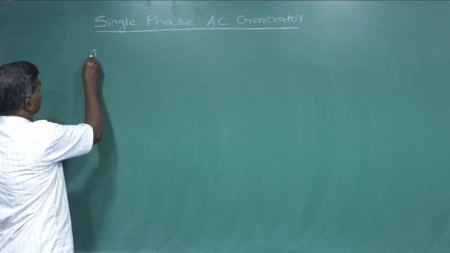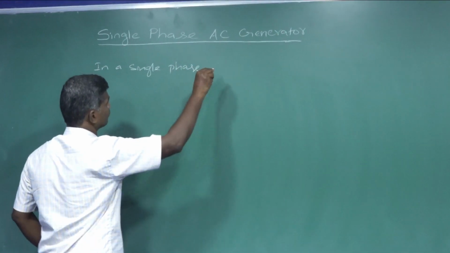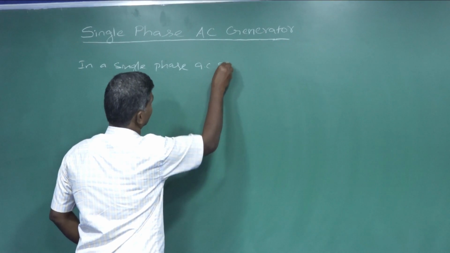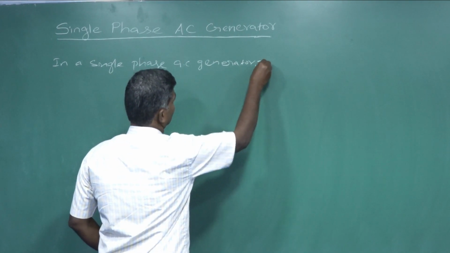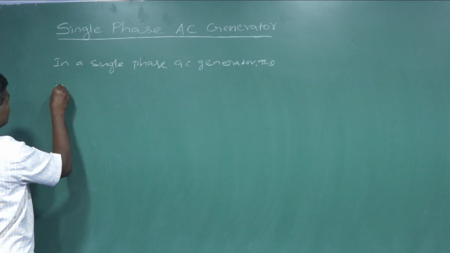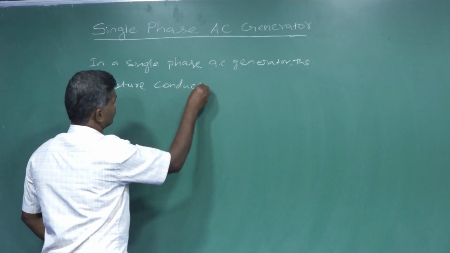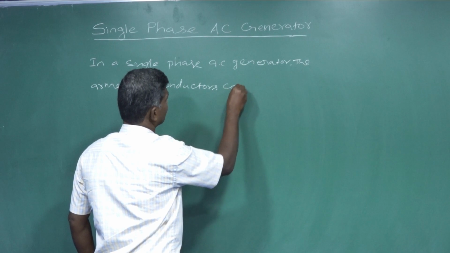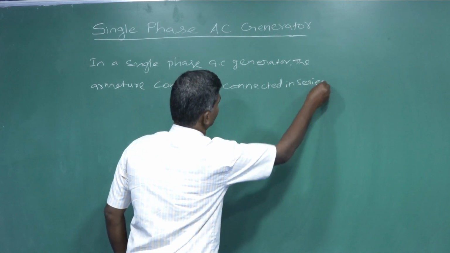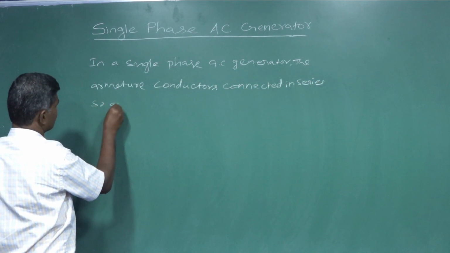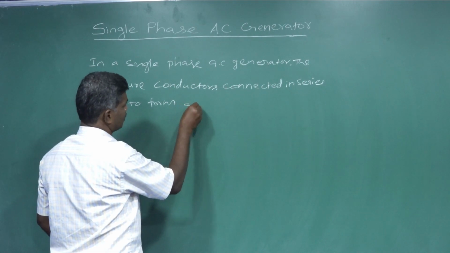In a single phase AC generator, the armature conductors are connected in series so as to form a single circuit.